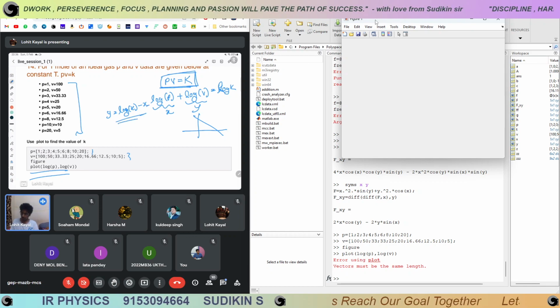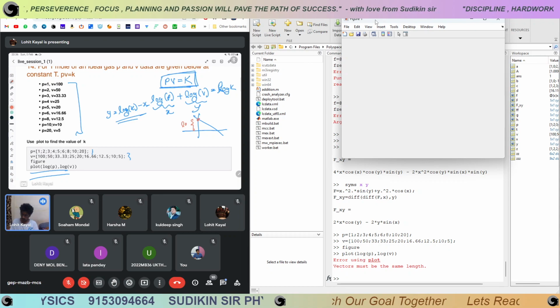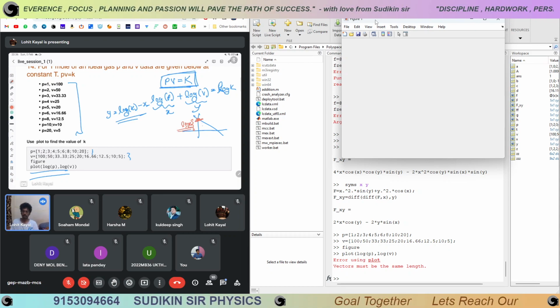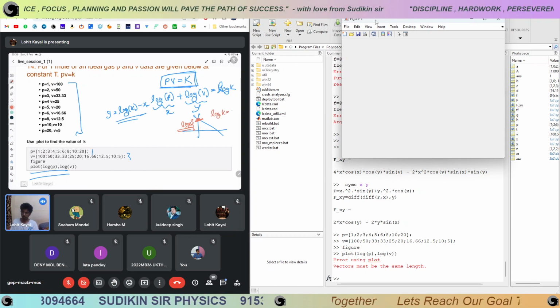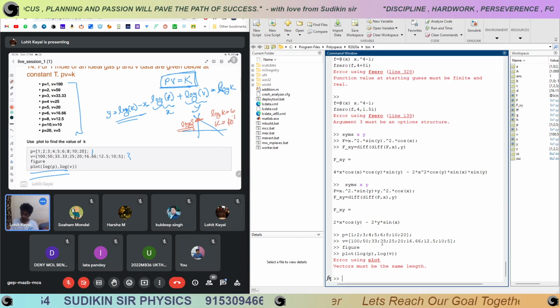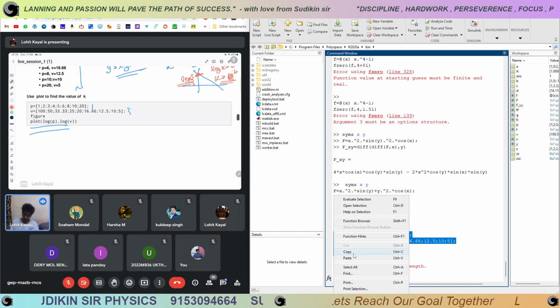So the slope is -1, and the intercept value is my log of K. So from here I can find the value of log of K, suppose some value b, then K will be equal to e to the power b. Now plot log p, log v.